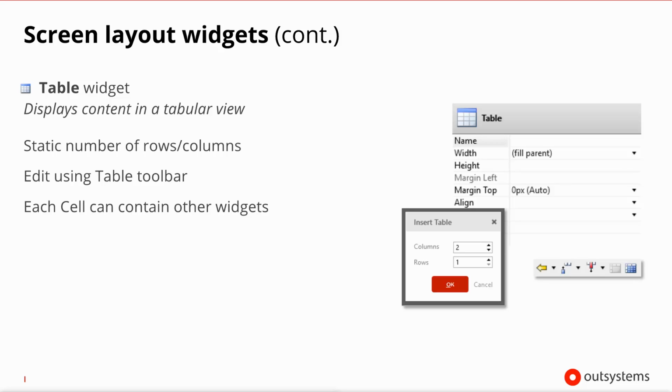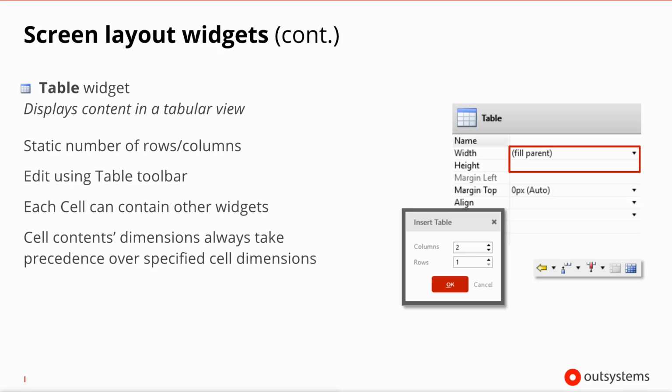It goes without saying that the cells of a table can contain other widgets, and although you can specify dimensions, by the nature of the HTML table cells, the height and the width will actually respect the contents of it. Because of this sometimes odd behavior, the tables are falling out of favor in modern development, so you don't see them around too much anymore.